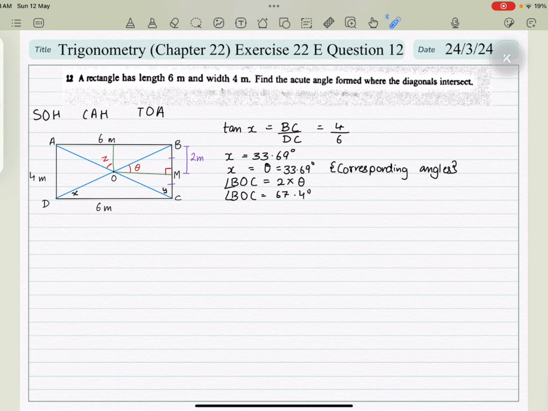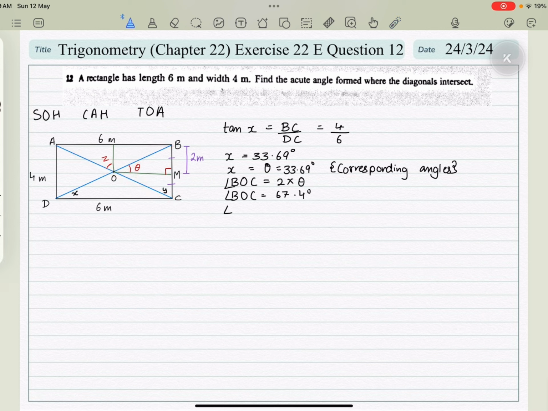Now we can calculate Z, but a smarter way to do it is to look at this AOC line. Angle AOB plus angle BOC will give us 180 degrees. BOC we know, so we can calculate AOB.